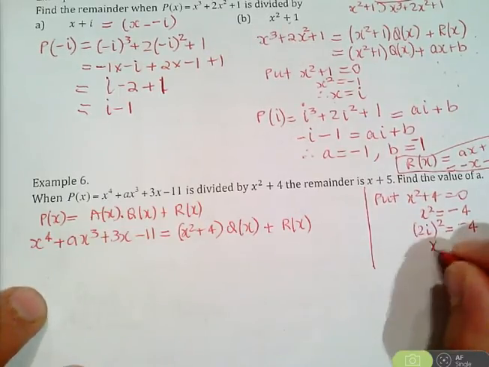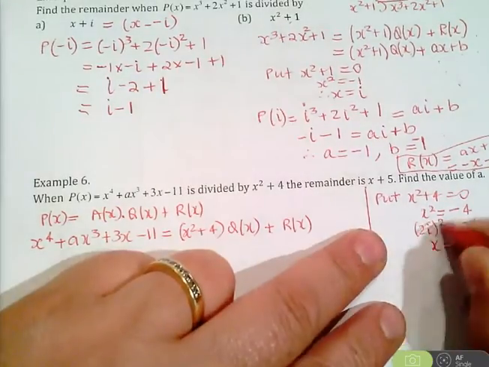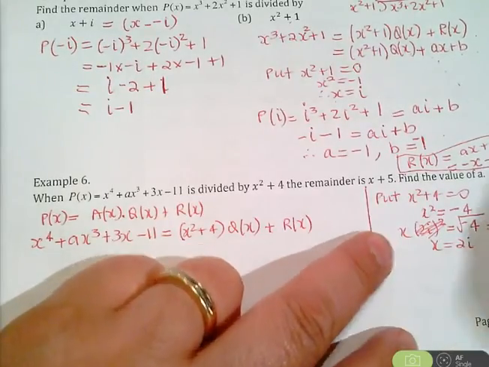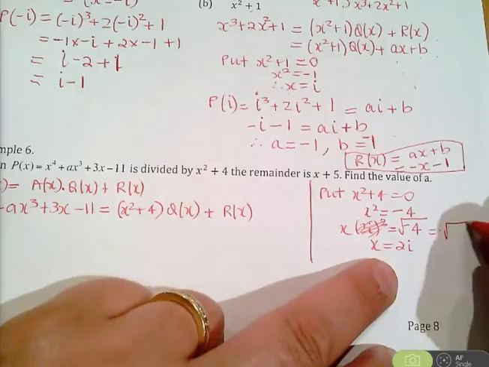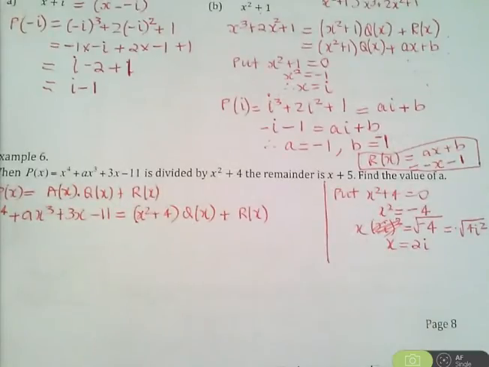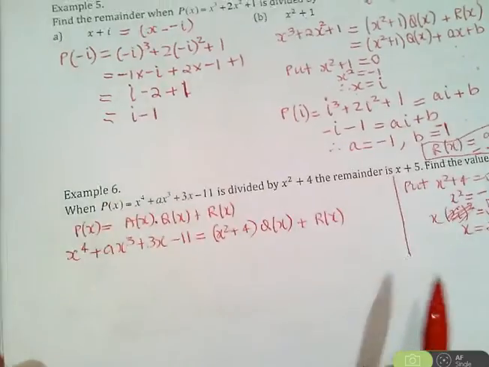So therefore, we've got that x is 2i. Actually, we can just write here that x would be the square root of negative 4, which is the square root of 4i squared. That's probably easier, which is 2i, okay? So we want to use the remainder theorem and substitute 2i in there.